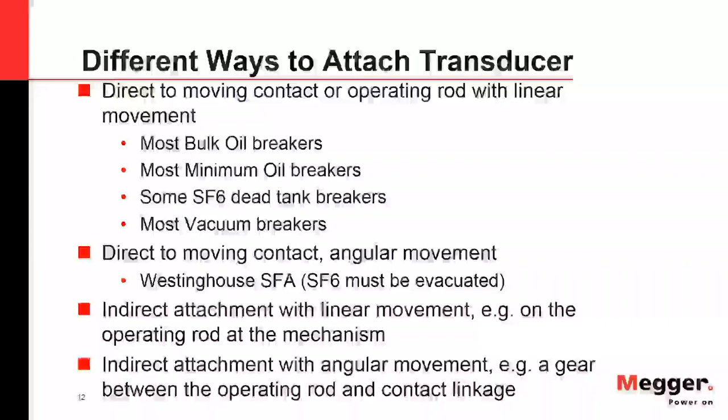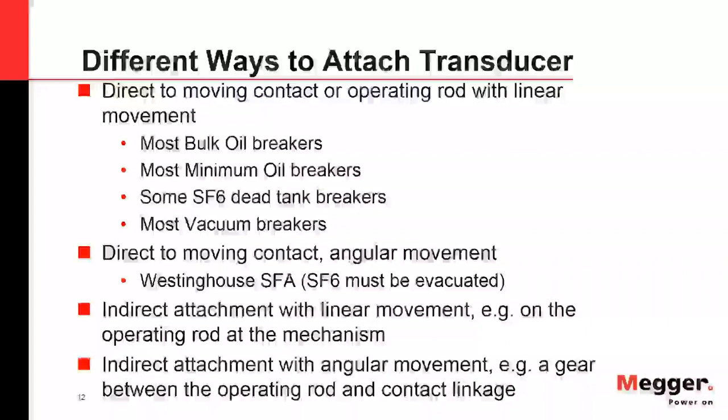Other things you can do: connect a transducer directly to a moving contact, but with angular movement. I'll have a picture of this a little later, but there's an old Westinghouse SFA circuit breaker where you'd have to pull the gas out, open up the tank, and put a rotary transducer directly to the center, and then convert to get the interrupter's arc length stroke.